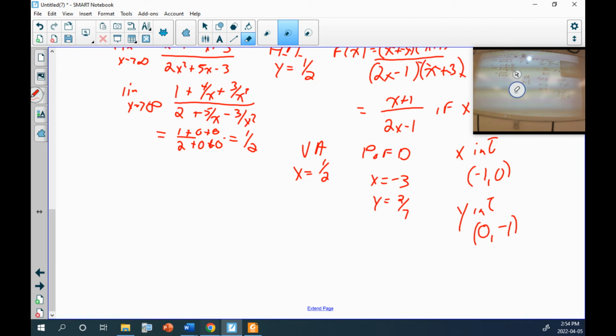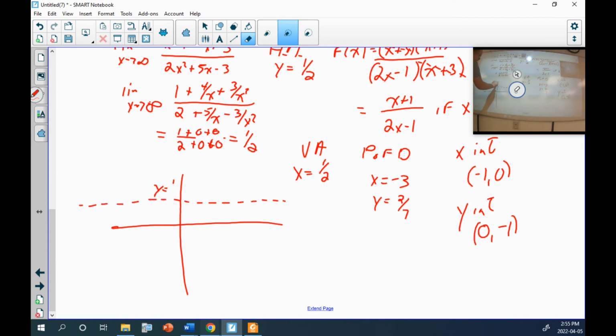So we've got a lot of information from that. We can kind of sketch this now, or at least get some understanding of what we've got. We've got a horizontal asymptote at y equals 1/2. We have a vertical asymptote at x is equal to 1/2.